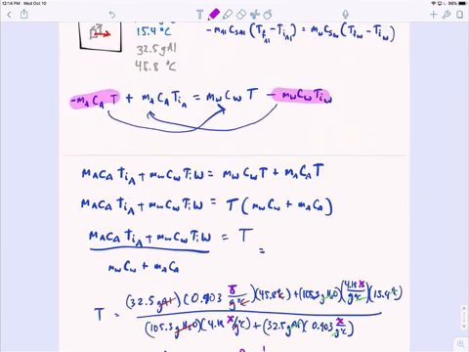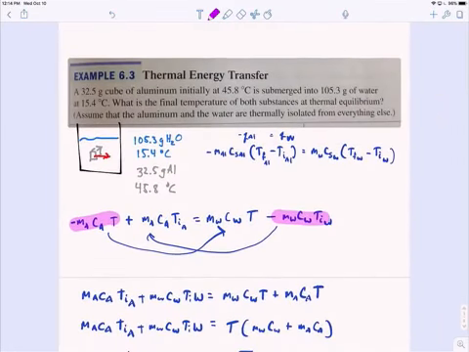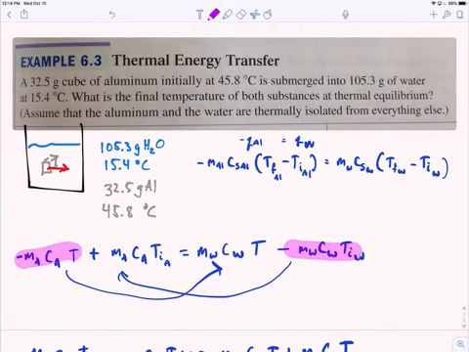So, recap for this one. We have a hot cube of metal that we threw into cooler water, and we want to know what the final temperature is. The idea here, assuming it's thermally isolated, also known as adiabatic, which means no heat transfer.